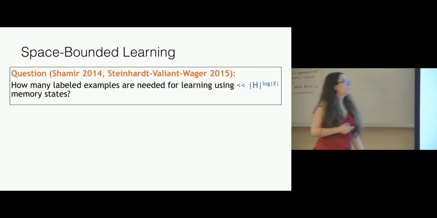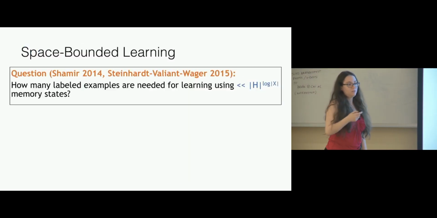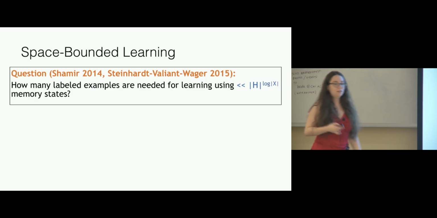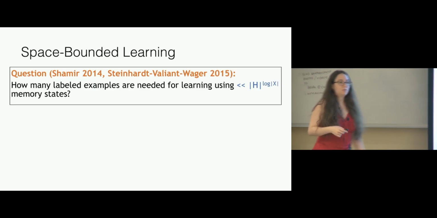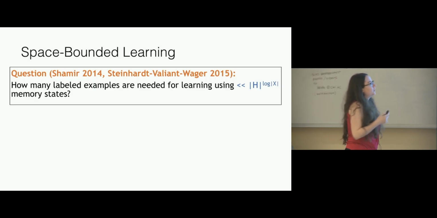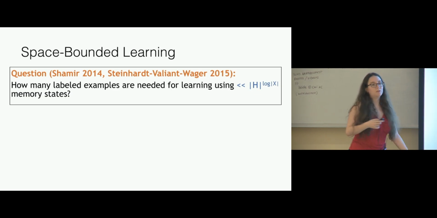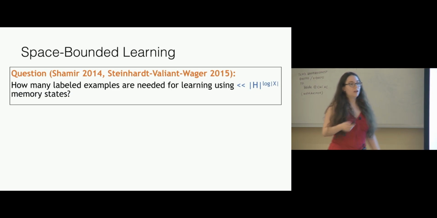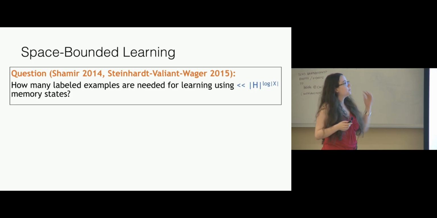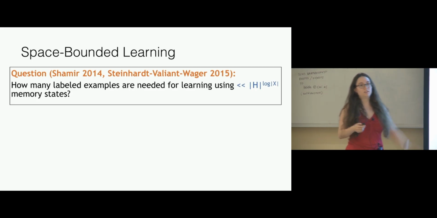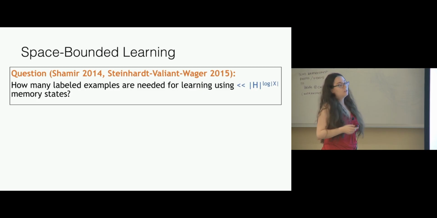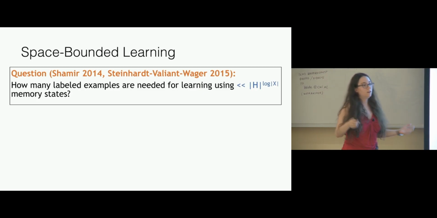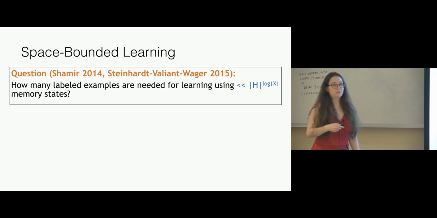So this question was first raised in a private communication by Raz, and then it was raised more publicly by a group from Stanford a few years ago, and they asked, if one has fewer than |H| log |X| memory states, how many labeled examples does one need?